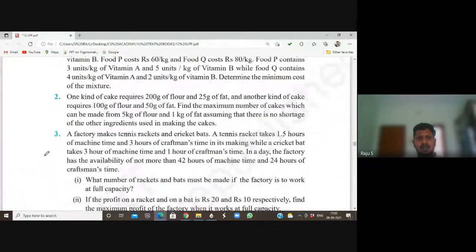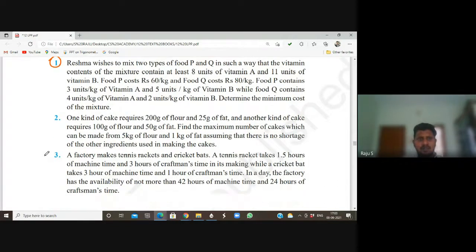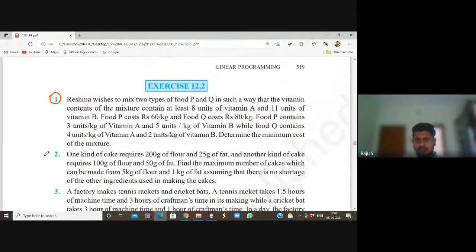The questions which are related to bounded. Got it, students? Question number 1 is an unbounded question. Question number 9 and 10. That's all. The rest of the questions are bounded.